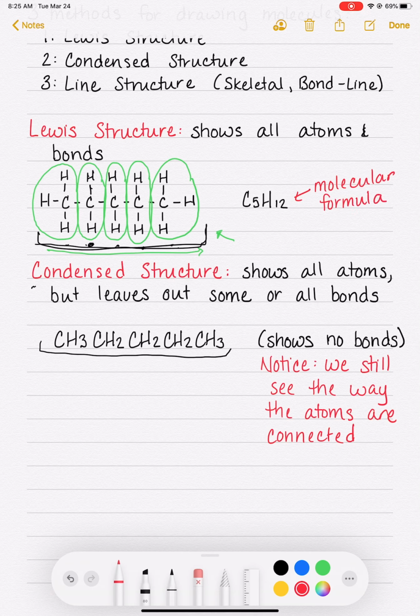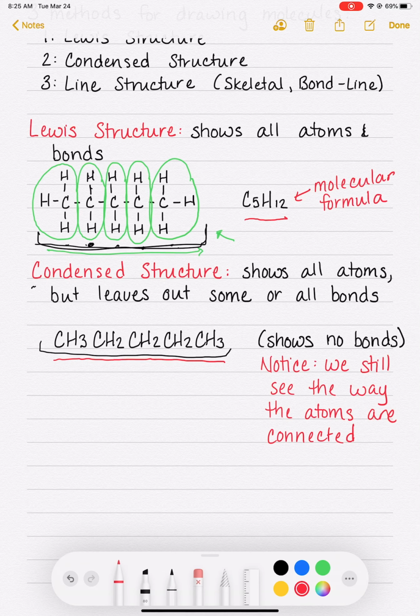The condensed structure gives us a lot of information about the arrangement of the atoms in the molecule. The condensed structure tells us that it's a CH3 that's attached to a CH2 that's attached to a CH2 that's attached to a CH2 that's attached to a CH3. The molecular formula does not give us that kind of information at all. It just tells us how many atoms we have, and that's it.